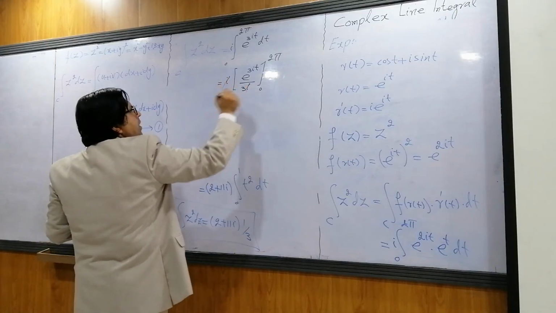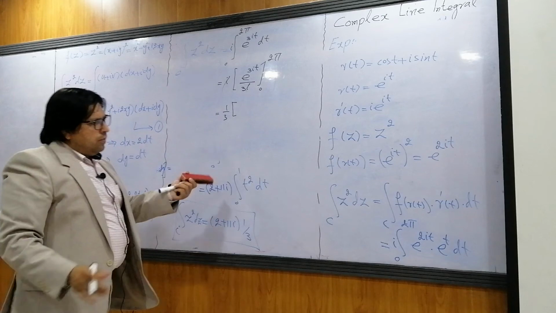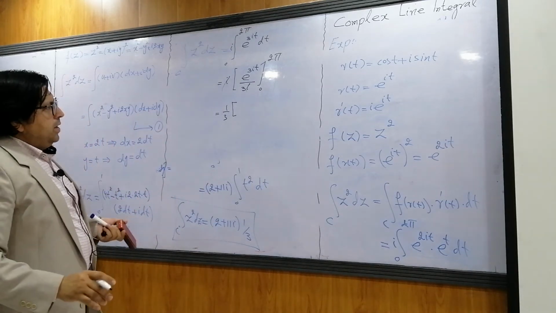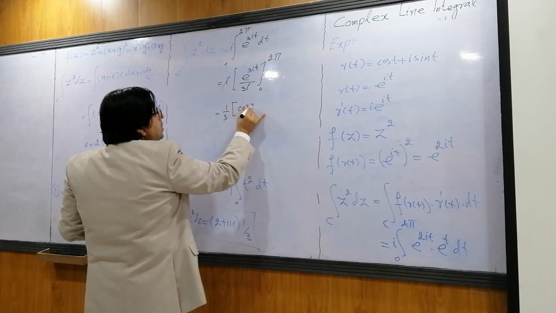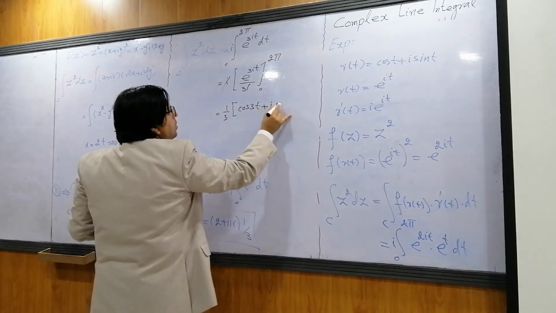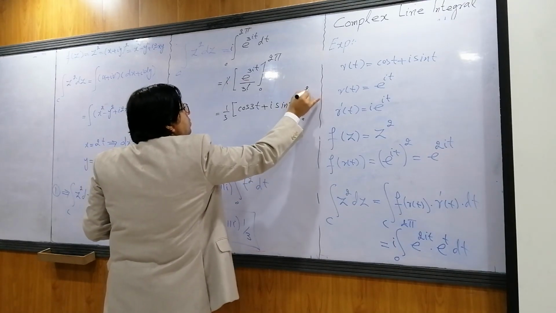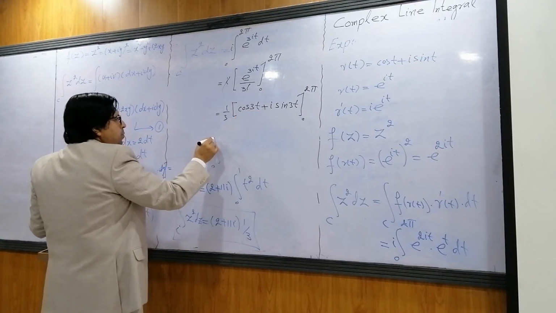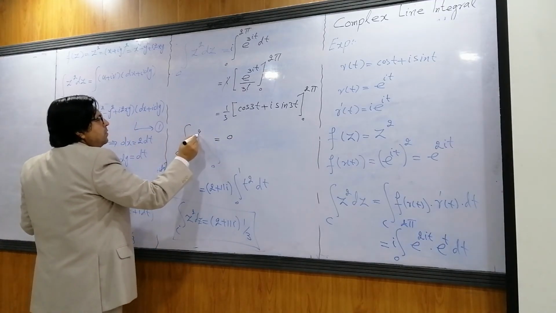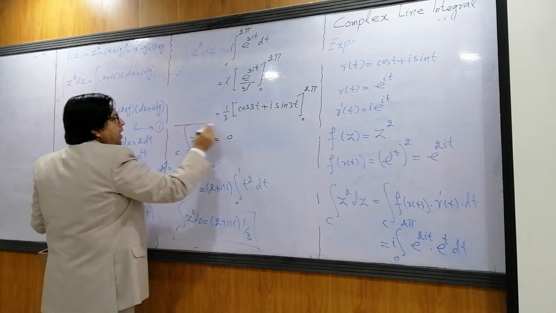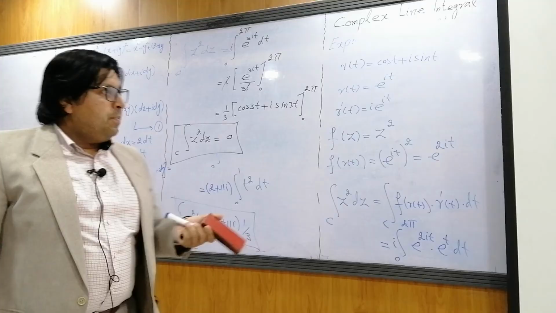Iota will cancel the iota, I will get 1 over 3, and by the Euler formula you can expand this as cos 3t plus iota sin 3t. The integration is from 0 to 2 pi, and if you put the values, you will get that the integration of this function is equal to 0 along the given circle.